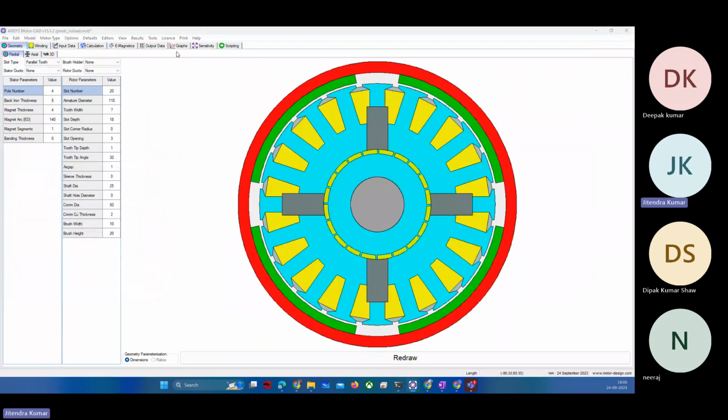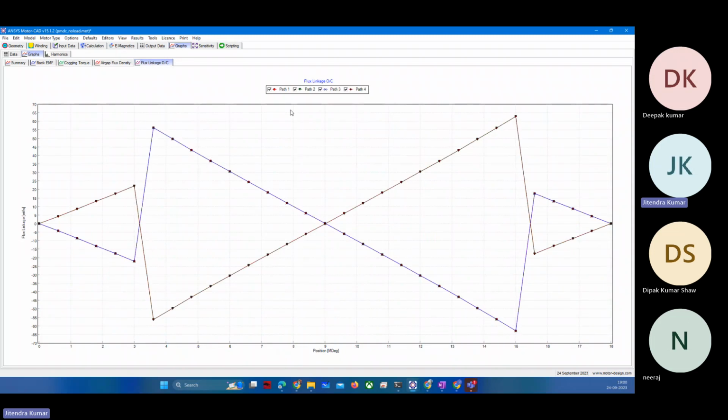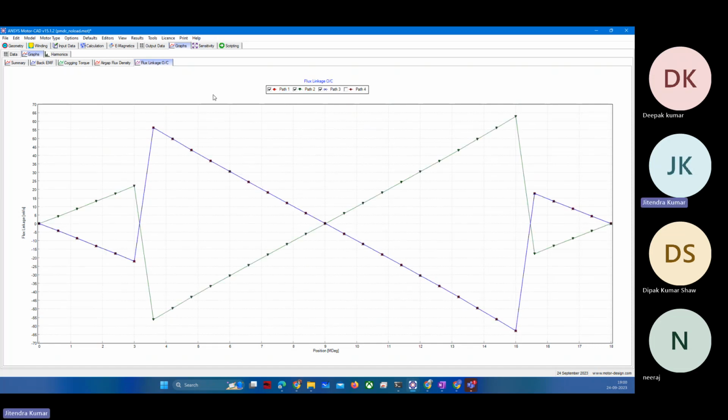If you see it in terms of time, this is the nature of your flux. From position to position, let me show one path only. So this is the nature of flux, right? One will be rising, one will be falling, and there will be some commutation period.